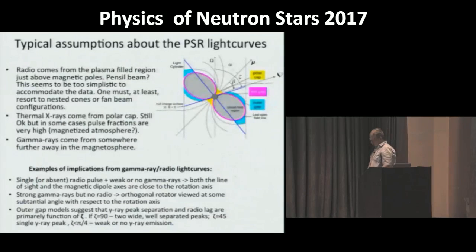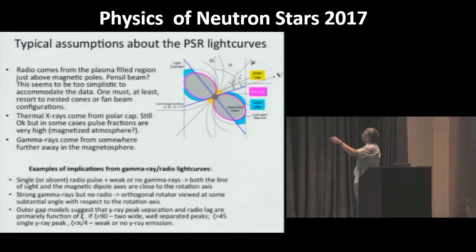Then there have to be some assumptions made about where the emission comes from the pulsar, from what regions of the magnetosphere, before we can make sense out of the light curves, right? And so there has been a lot of work done here.